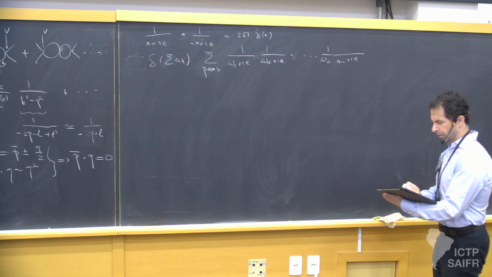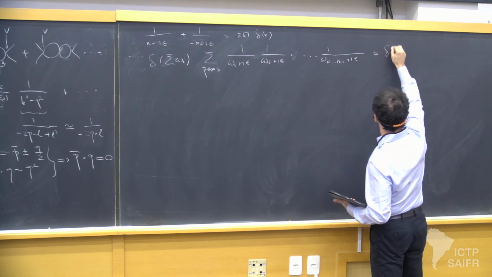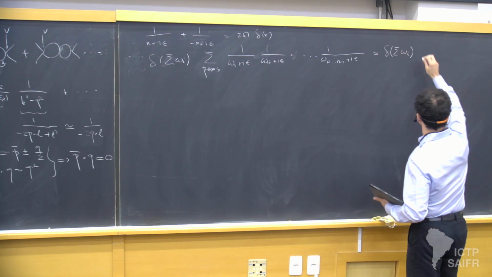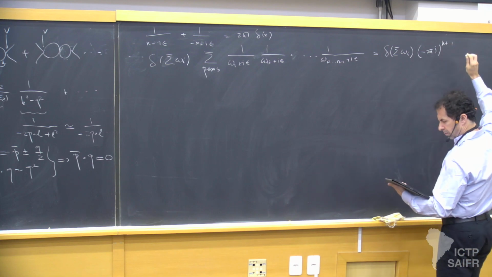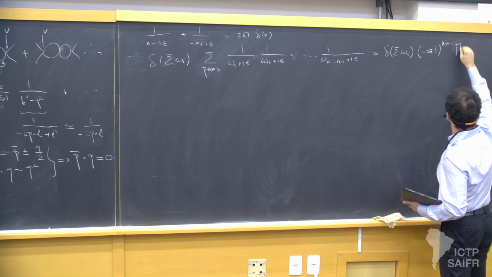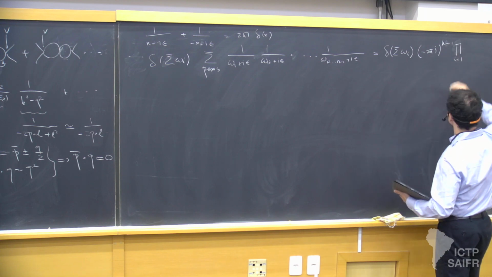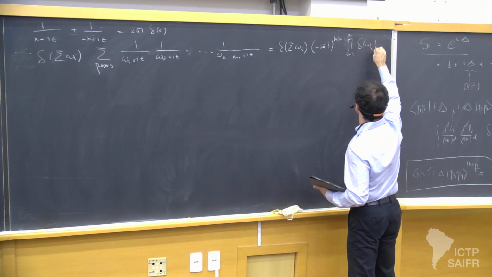So it turns out that this is equal to the same delta of the sum of omega, and then there is a minus 2 pi I to the n minus 1, and then there's a product from 1 to n of delta of omega i.